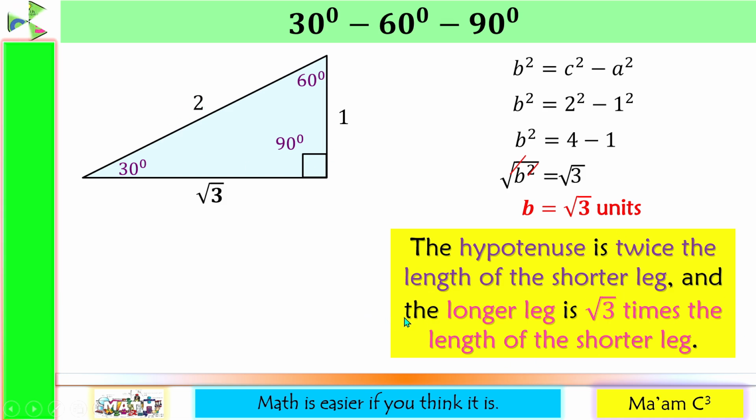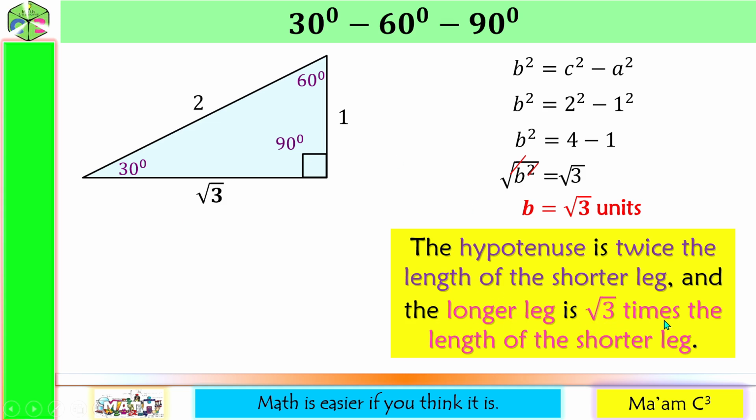And the longer leg, the one opposite 60 degrees, is square root of 3 times the length of the shorter leg. So again, we are dependent on the shorter leg. This time, we simply have to multiply our shorter leg with square root of 3. And 1 times square root of 3 is square root of 3.